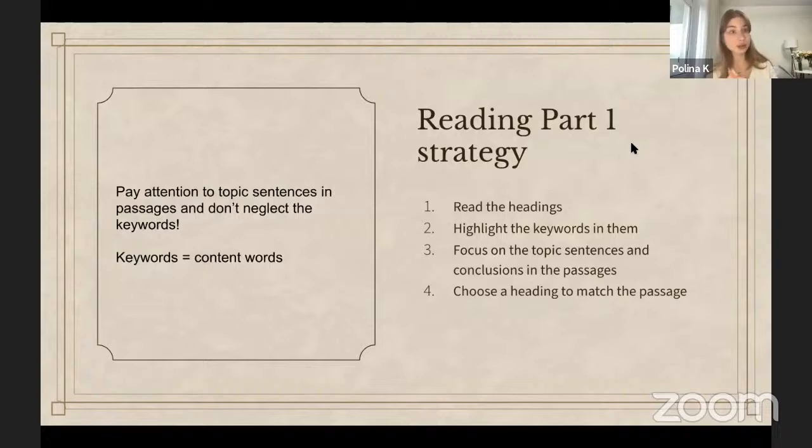Of course, you can use your own different strategies, but in order to make sure that you deal with the task more effectively, you can use this strategy. Personally, I've used this strategy myself, and not only at this particular exam, but it's quite universal for all sorts of exams where there is reading, but reading is everywhere because this is the essential skill when it comes to language comprehension.